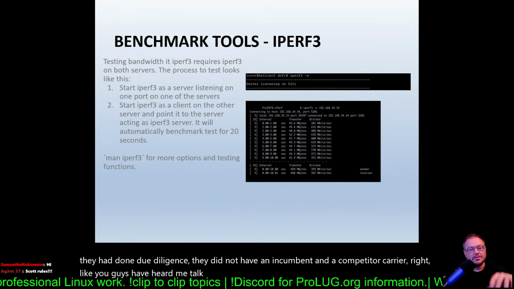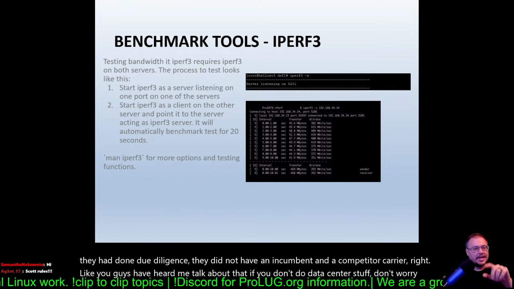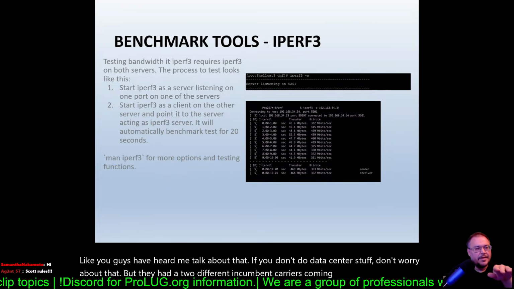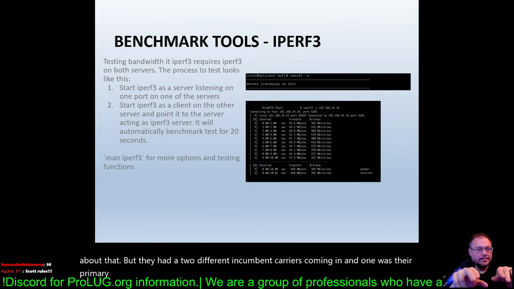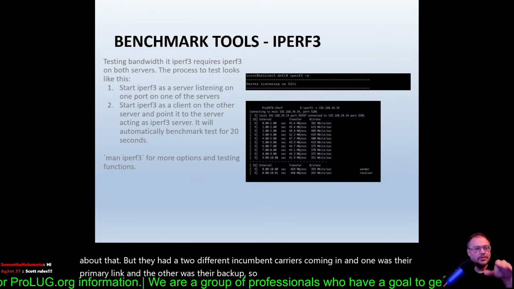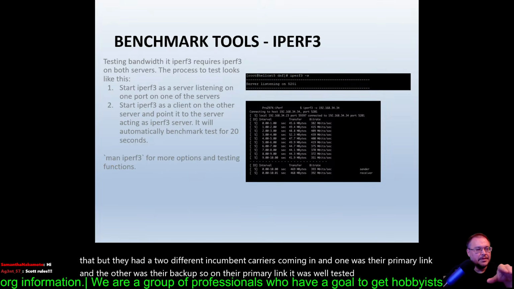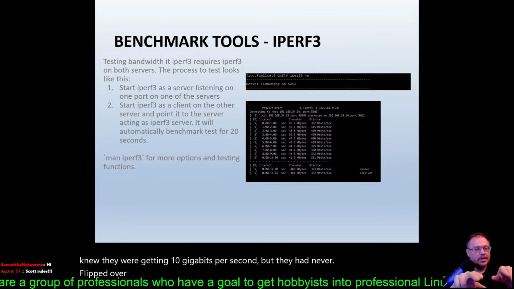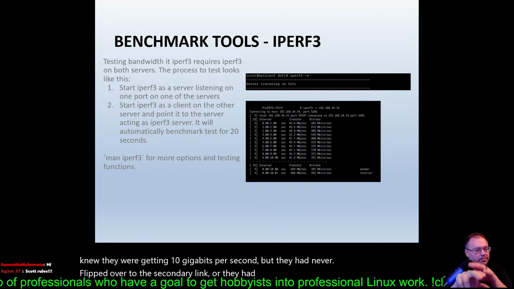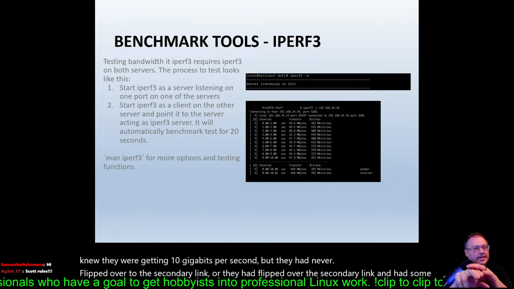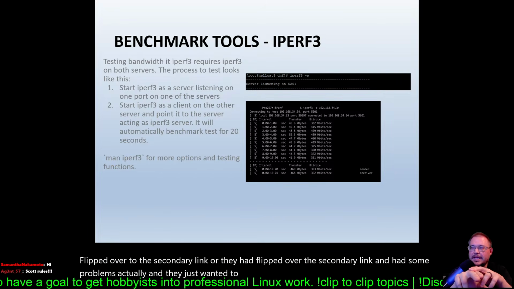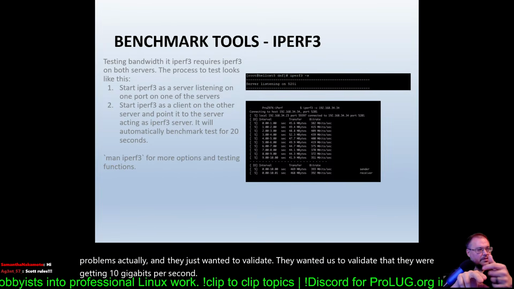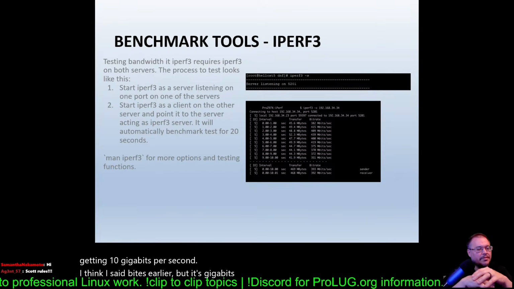If you don't do data center stuff, don't worry about that. But they had 2 different incumbent carriers coming in, and one was their primary link, and the other was their backup. On their primary link, it was well tested. They knew they were getting 10 gigabits per second. But they had flipped over to the secondary link and had some problems actually. They wanted us to validate that they were getting 10 gigabits per second down on that other network link.